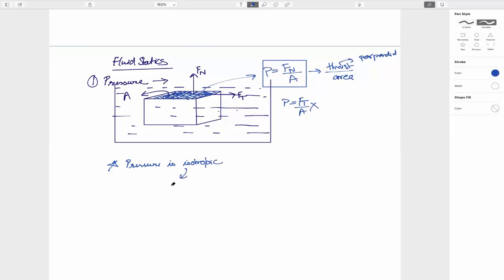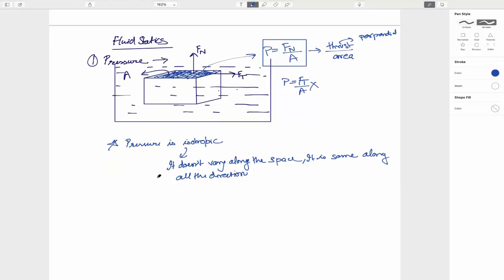Isotropic means it does not vary along the direction or along space. It is the same along all directions. But that depends upon the force per unit area and which forces you are taking. At the molecular level, or in general, pressure is isotropic.